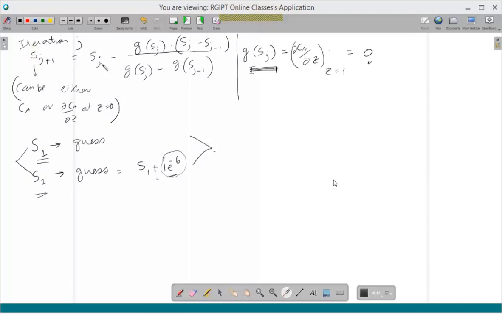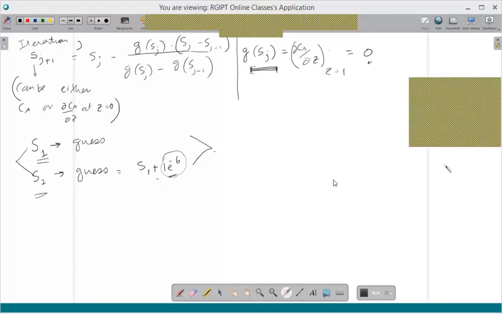If I know S1 and S2, then S3 can be calculated. If I know S2 and S3, S4 can be calculated, and so on. Therefore these two need to be performed before we start to automate it or start the iterations.